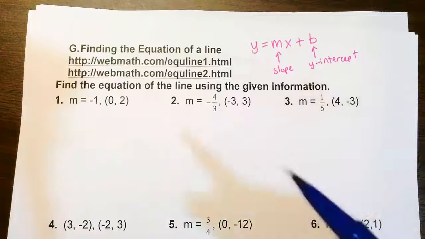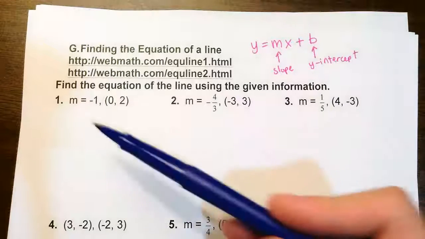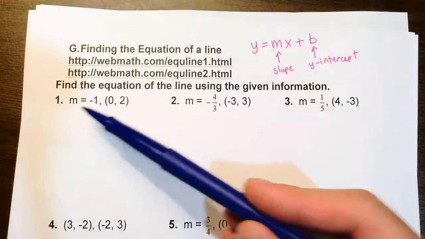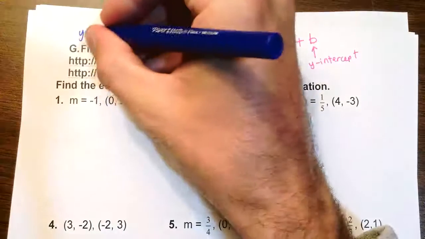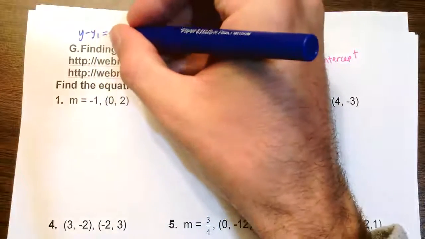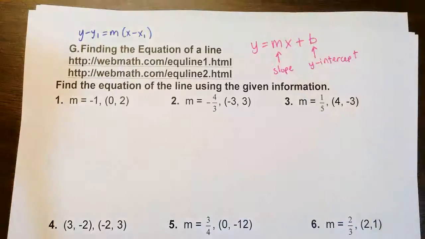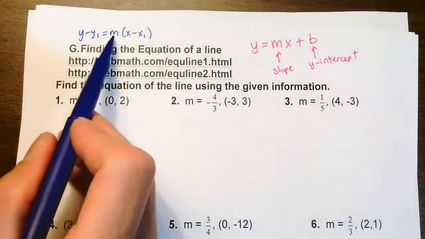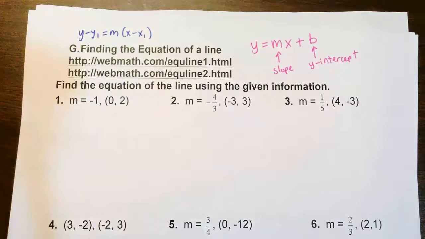M is your slope, and b is the y-intercept. There's a few different ways to do this with this first set of problems, 1 through 3, where you're given m, which is the slope, and a point. You can use what's called point-slope form, which looks like this, where you take the slope m and your point will go in for x1 and y1, and you can simplify that and get the equation.